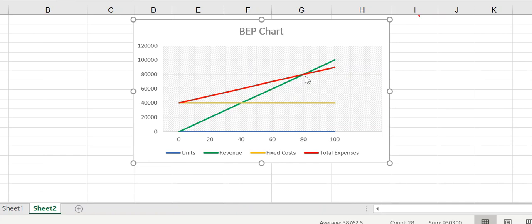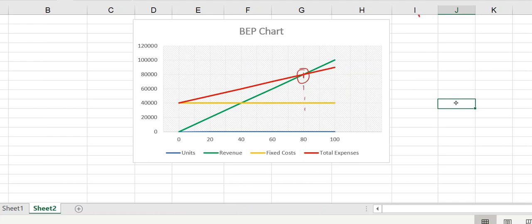So this is 80,000 units and 80 million. So this is the point, which is 80,000 and 80 million. So this will be the break-even point by using break-even chart.